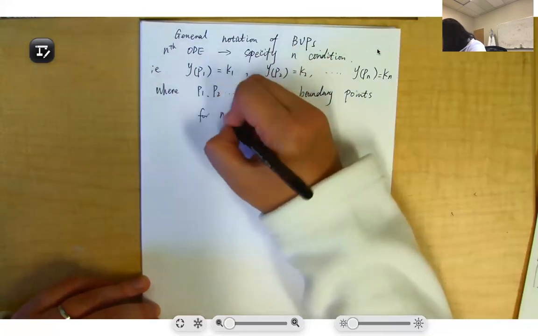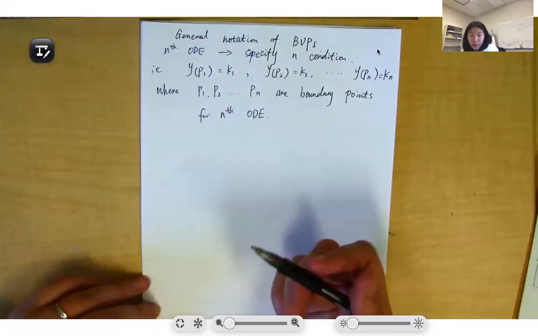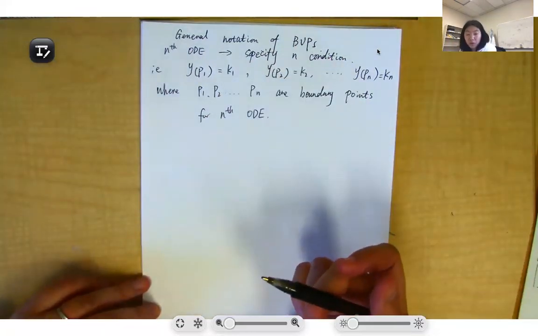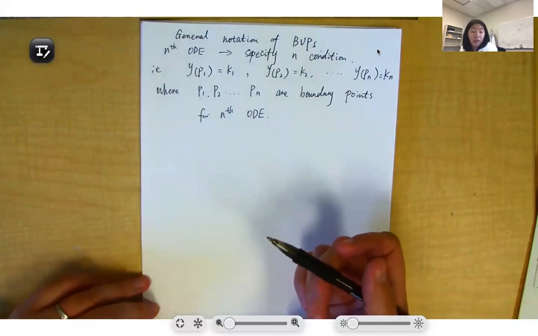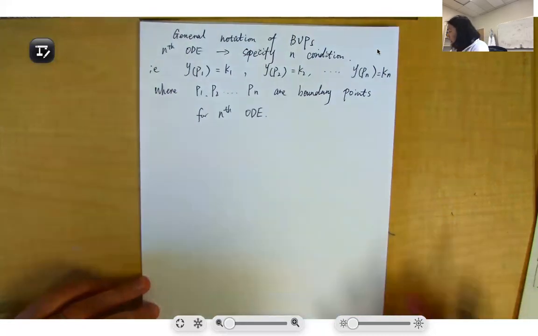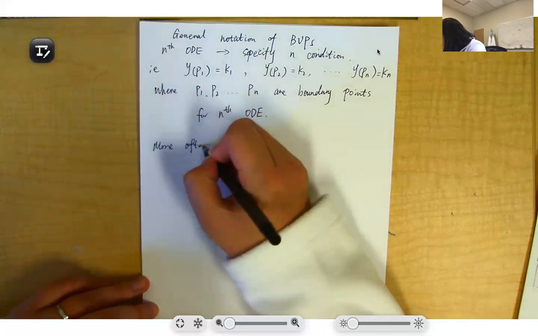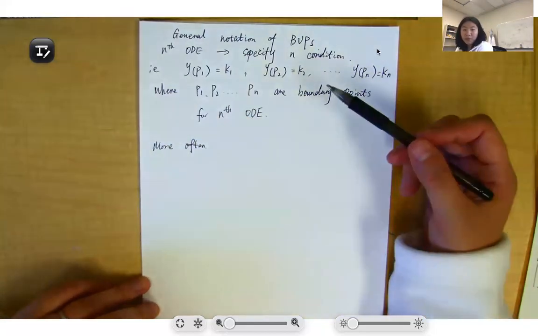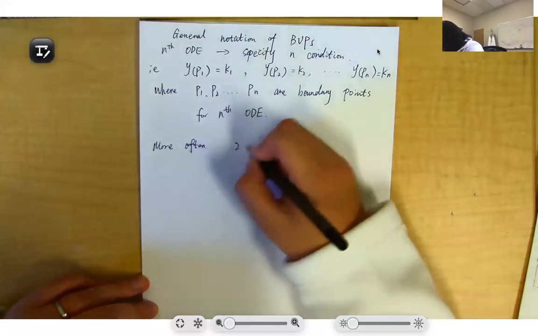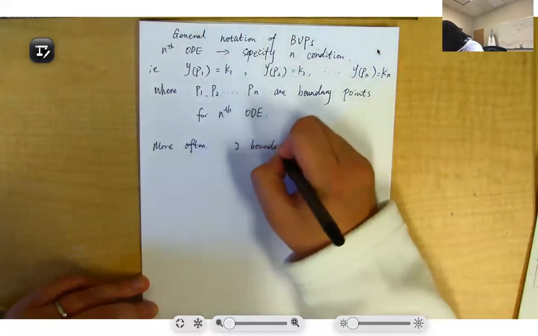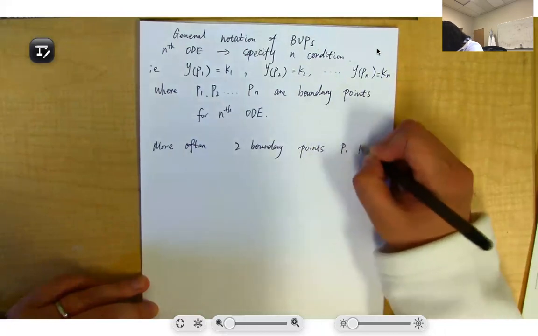For the nth order ODE, you know those conditions are used to solve for the n arbitrary constants in the homogeneous solution, right? More often, we are not passing n conditions through n points. We are passing through 2 points, so two boundary points, P1 and P2.